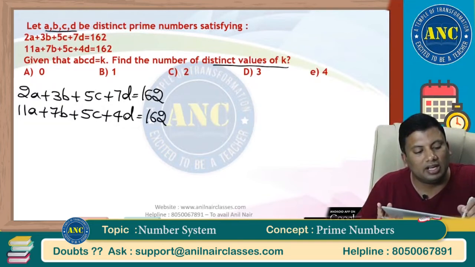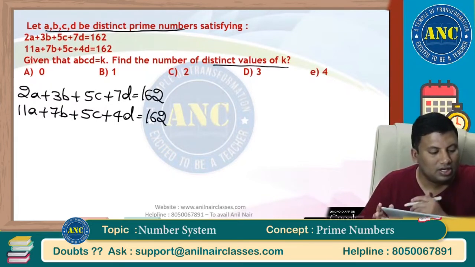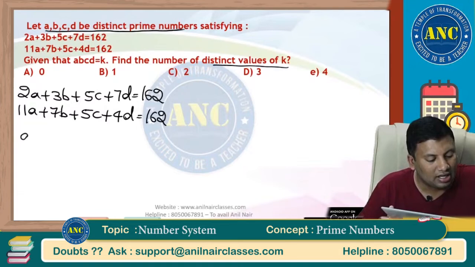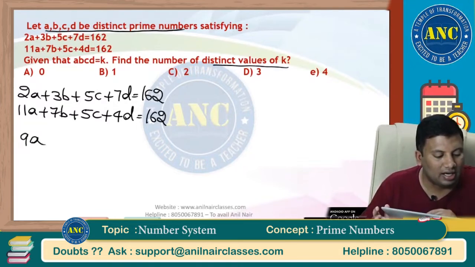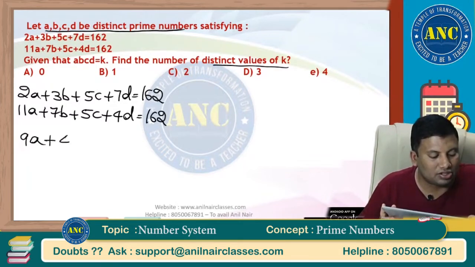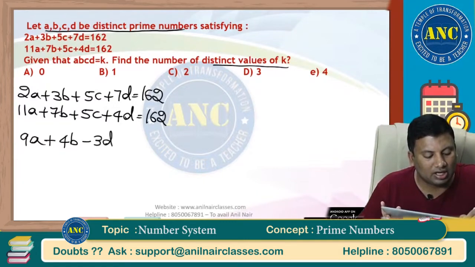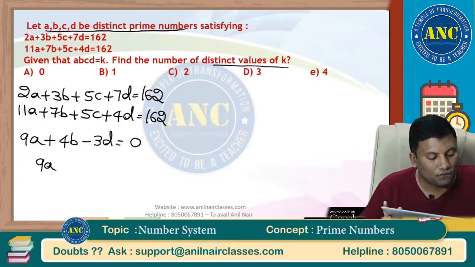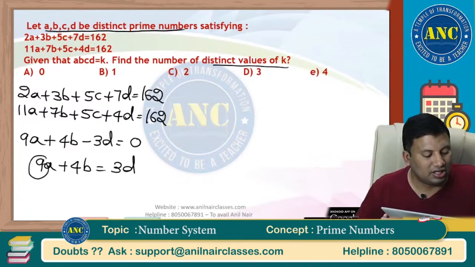A, B, C, D are distinct prime numbers. If I subtract, 11A minus 2A is 9A, 7B minus 3B is 4B, and 4D minus 7D is minus 3D, equivalent to 0. So 9A plus 4B is nothing but 3D. Am I right? This is divisible by 3.